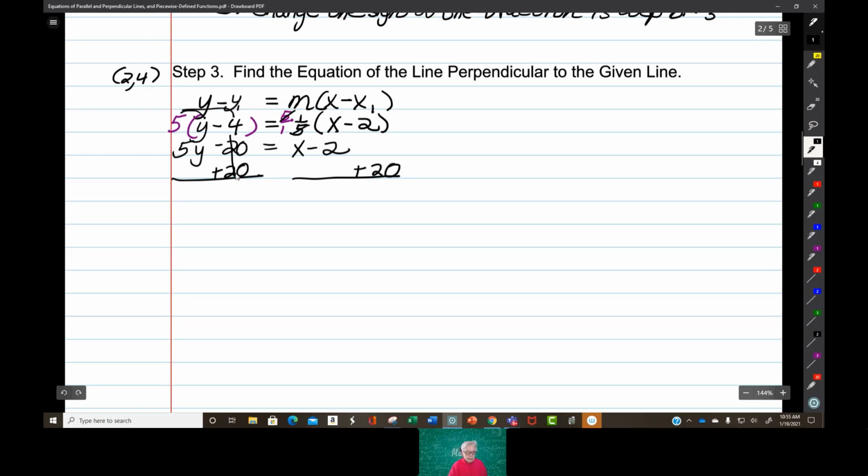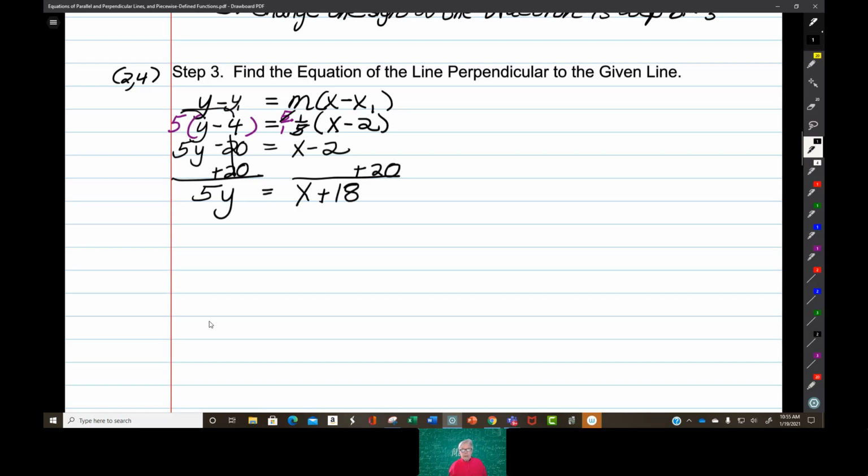Negative 20 plus 20 is 0, leaving me with 5y on the left. Copy the equal sign. X minus 2 plus 20 is plus 18. And that's where I am right now.